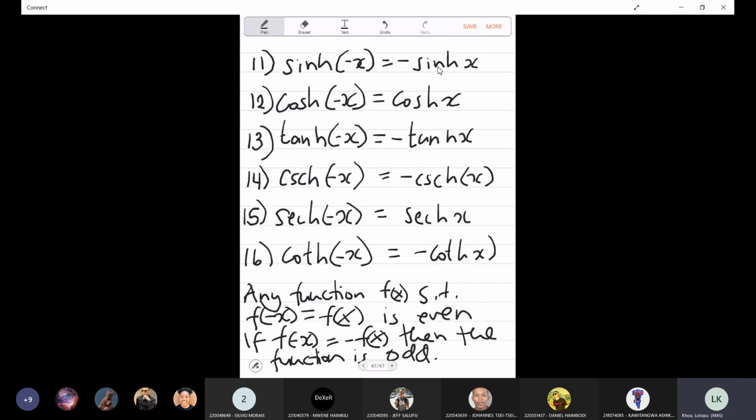Okay, so keep in mind that a function does not have to be even or odd, and if it's not even, it does not mean it is odd. It can be neither even nor odd. But this is just some of those mathematical definitions that you need to take note of.